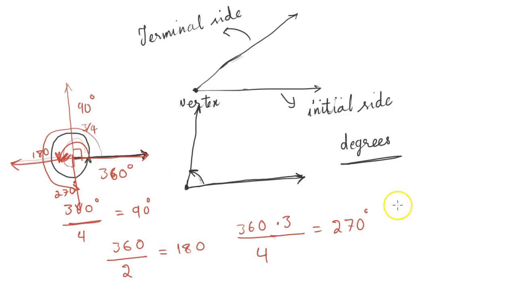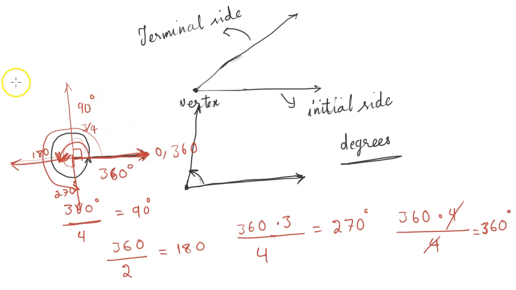And 4/4 of the way, which is the whole way, or a full rotation, would be 360 degrees times 4 divided by 4. You can cancel these out, and you will end up with 360 degrees, which is essentially where you started, at 0. That means that here you have a 0-degree angle, here you have 90, 180, 270, and 360. And this is also 0 as well.